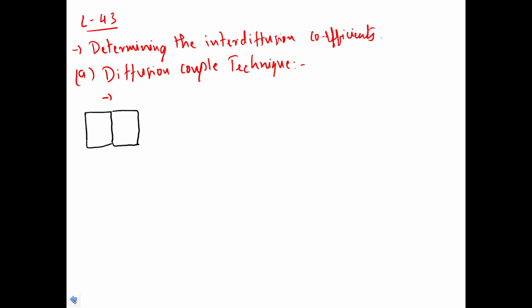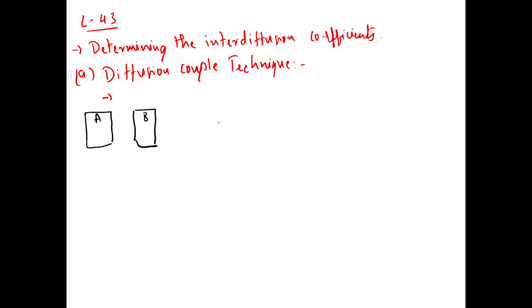So this is material A and this is material B, or consider as metal A and metal B prepared differently, or alloy A and alloy B, depending upon the system.